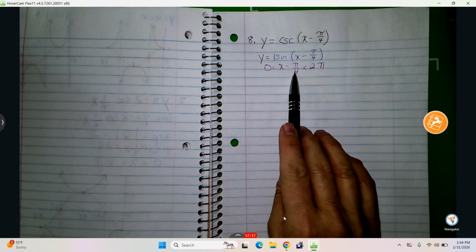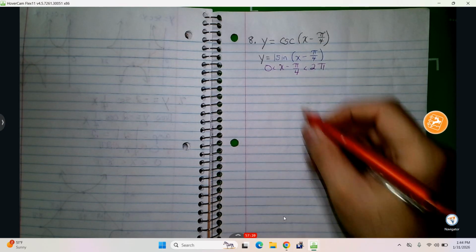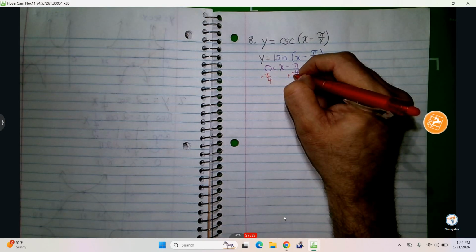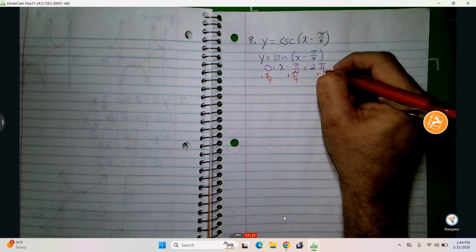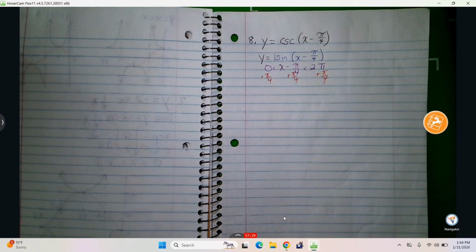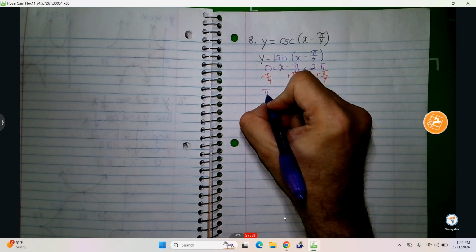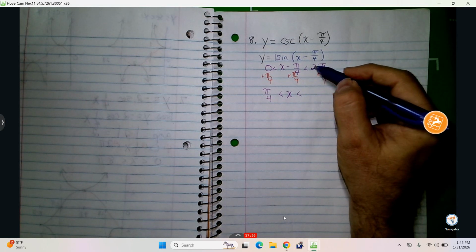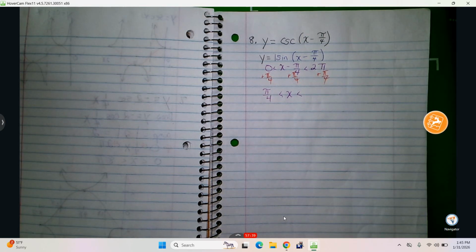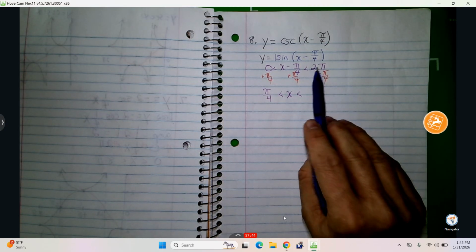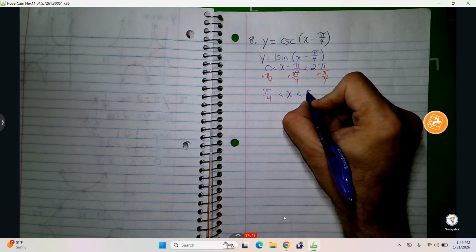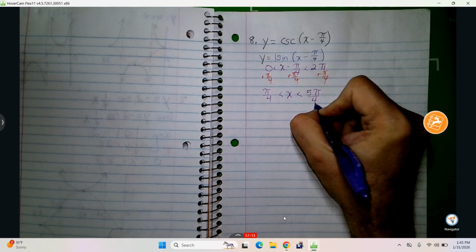Well, let's add pi over 4 straight through. That'll get the x by itself. So we have 0 plus pi over 4. That's pi over 4 less than x less than, oh, let's see, how are y'all adding fractions? 2 pi plus pi over 4. I would think of this 2 pi as 4 pi over 4 plus 1 pi over 4. Is that going to be 5 pi over 4?